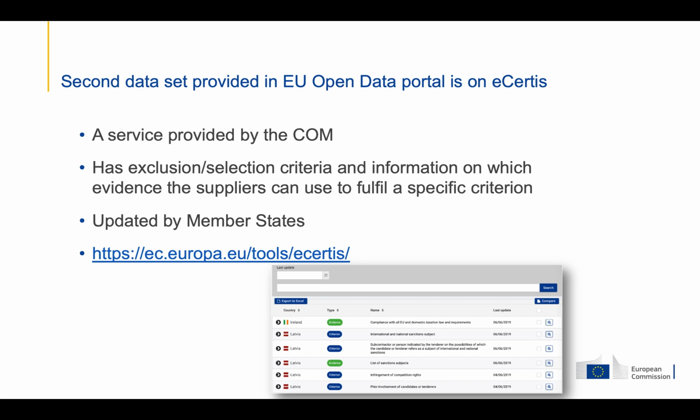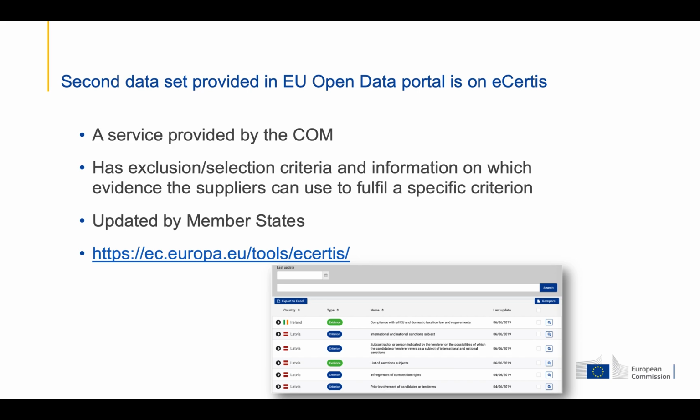I will just go quickly to this. So this is eCertis, the tool. If you just click on this link, don't select anything else, and click on export to Excel, it will export all the data available in eCertis into an Excel sheet.